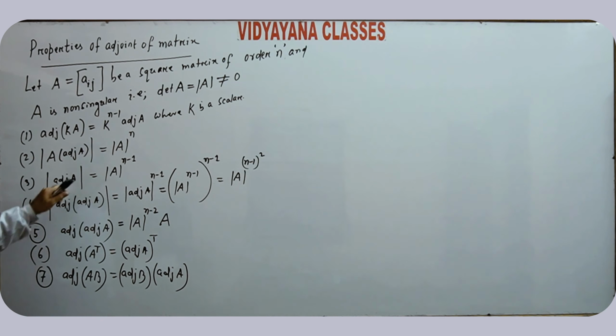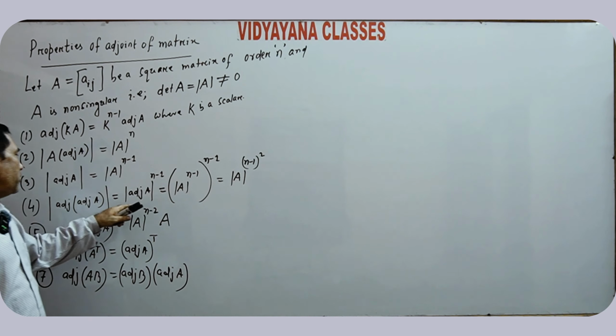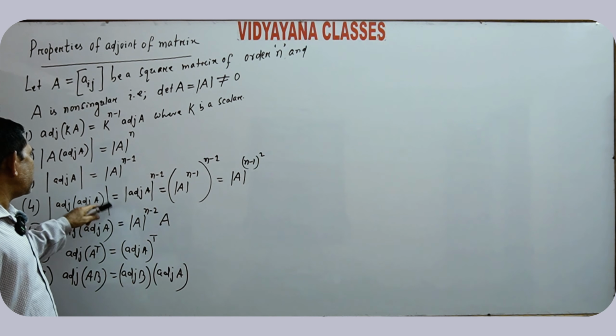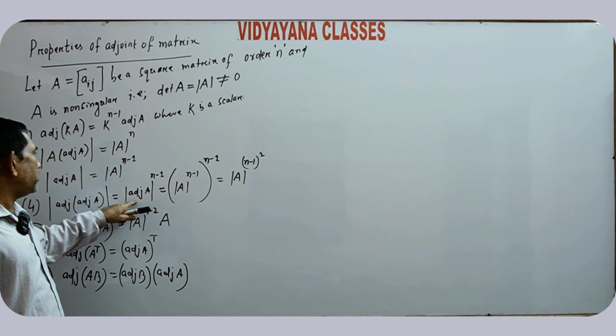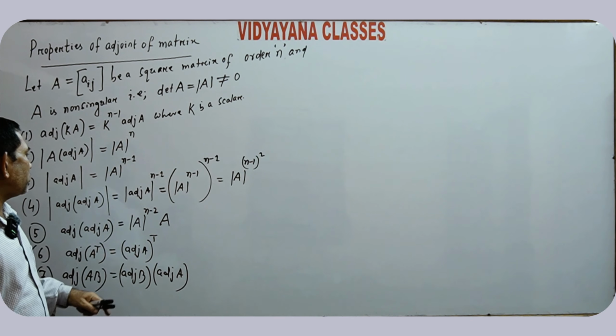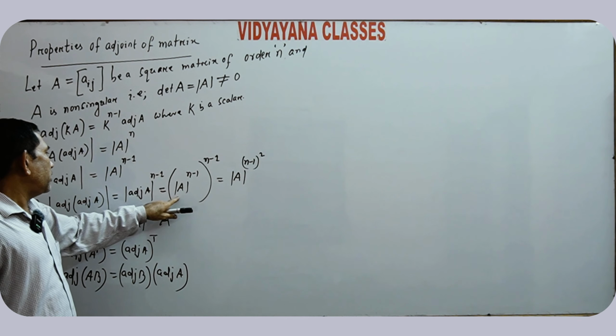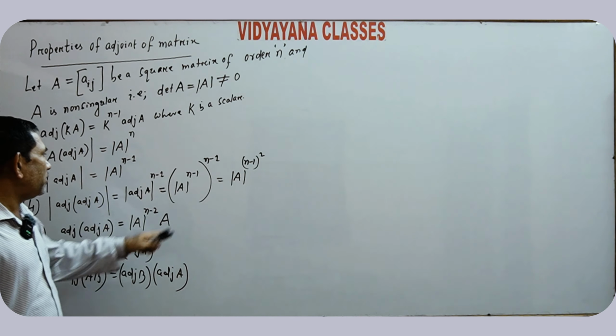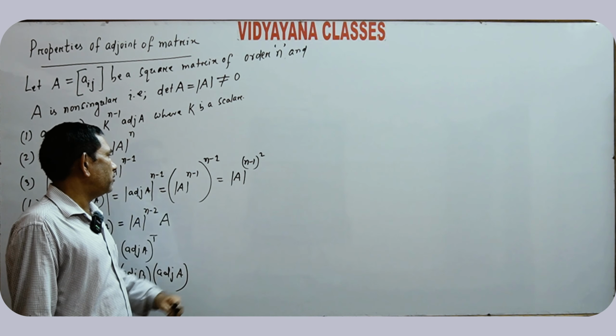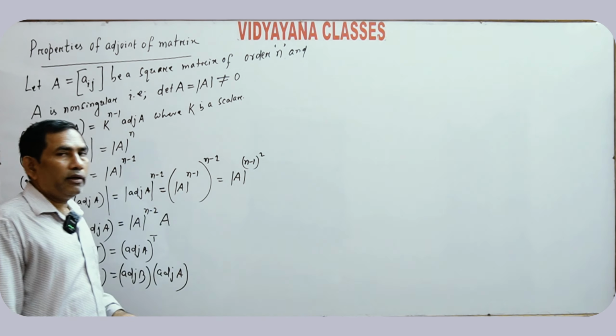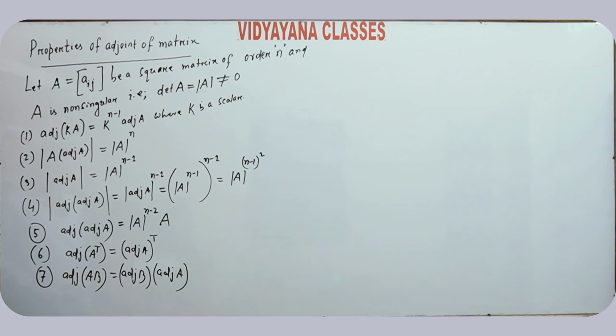Property 3, determinant of adjoint A is equal to determinant of A whole to the power n minus 1. Property 4, determinant of adjoint of adjoint A, with A replaced by adjoint A, is determinant of adjoint A whole to the power n minus 1. But determinant of adjoint A is equal to determinant of A whole to the power n minus 1, so it is determinant of A whole to the power n minus 1 whole square.